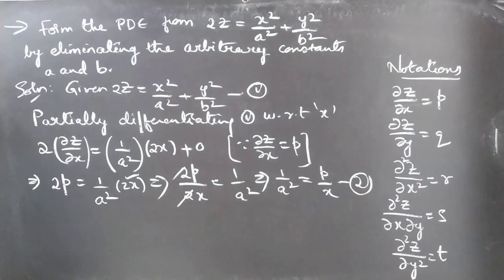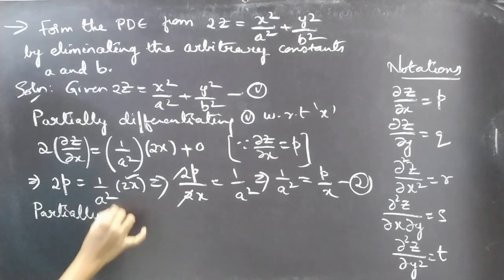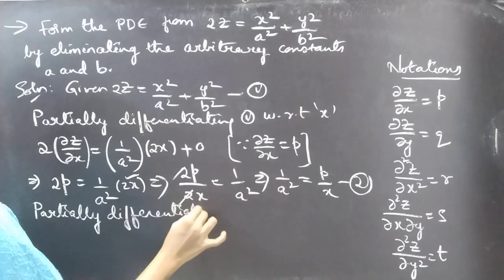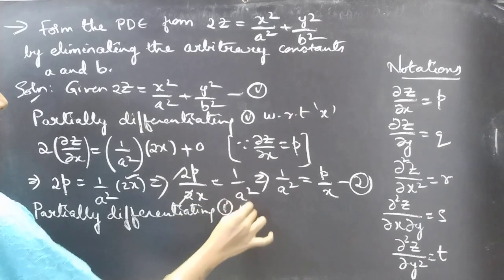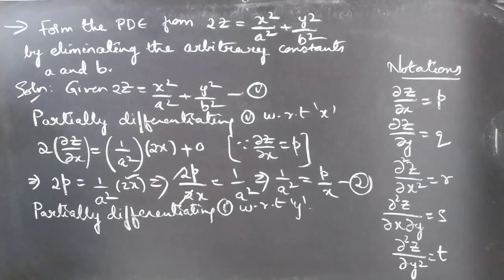Well, now partially differentiating 1 with respect to y. So here x is treated as constant. Now we'll get 2 into dou z by dou y.